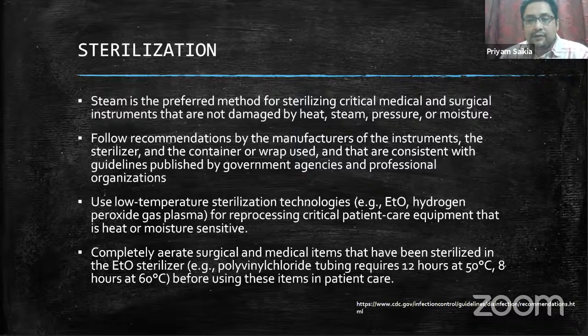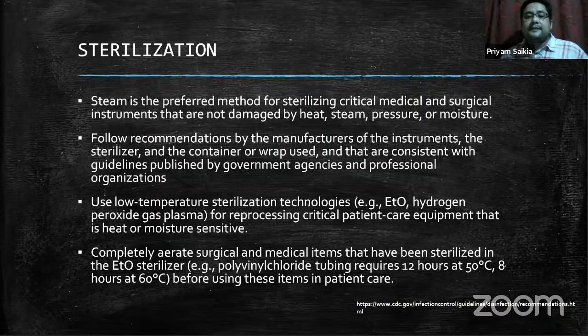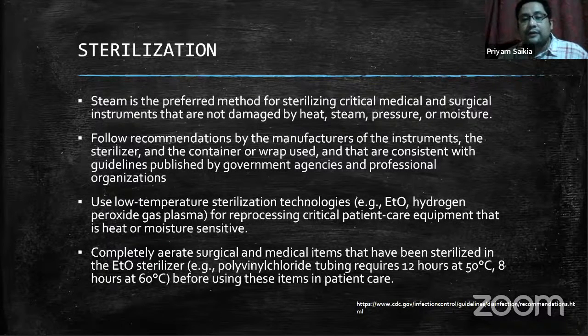They have recommended following the guidelines given by the manufacturer of the instrument, the sterilizer, and the container or wrap in which the instruments are wrapped, that are consistent with the guidelines published by the government agencies or professional organizations to which your institute may be affiliated. For instruments where heat, steam, pressure, or moisture can cause damage, they have recommended low temperature sterilization techniques like ETO.